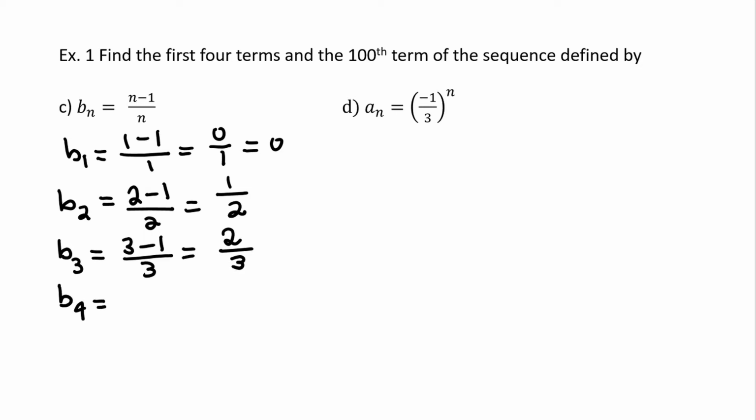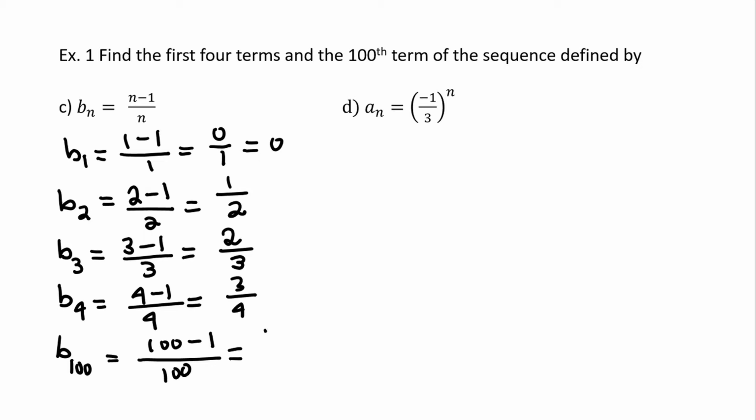B subscript 4 is 4 minus 1 over 4. 4 minus 1 is 3, and that's still over 4. Finally, B subscript 100 is 100 minus 1 in the numerator divided by 100 in the denominator, so you'll do 99 over 100.